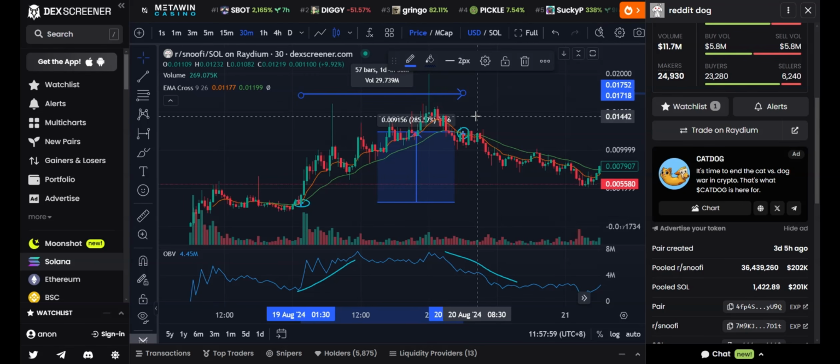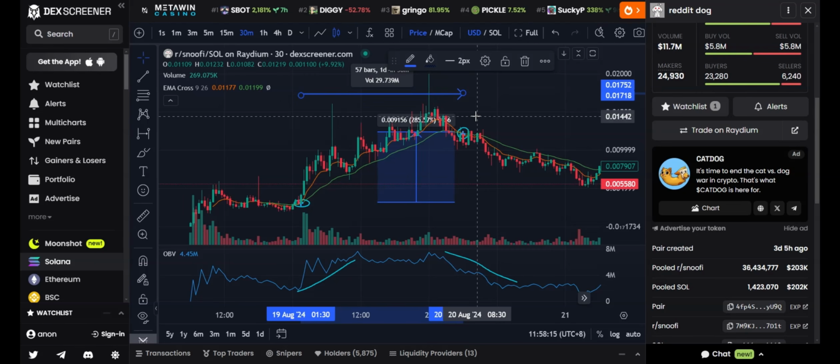Okay, you could be watching 10 tokens on your watch list using this strategy. Just think, in the time that we've looked at these tokens already, the percentage gains that can be made.